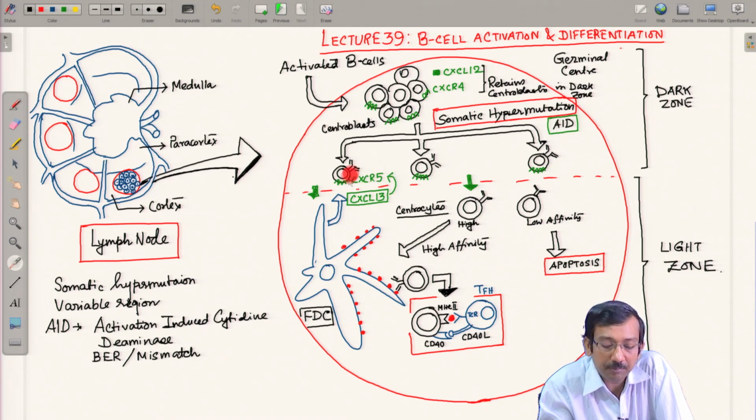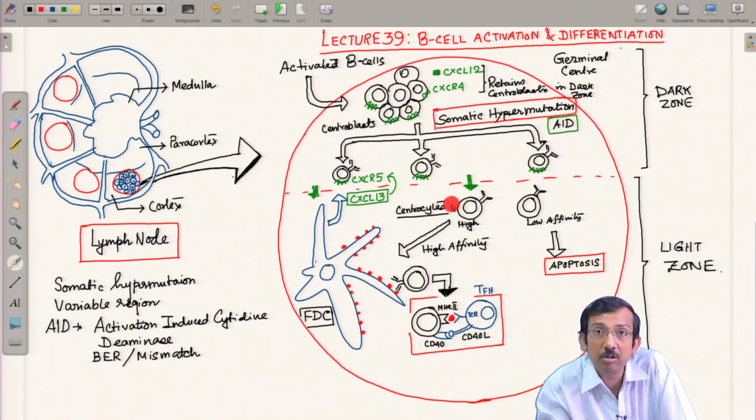CXCR5 has high affinity towards CXCL7. This is a chemokine produced from the follicular dendritic cells, the FDCs, and due to the attraction, these centroblasts will now move to the light zone, and now they are called the centrocytes.